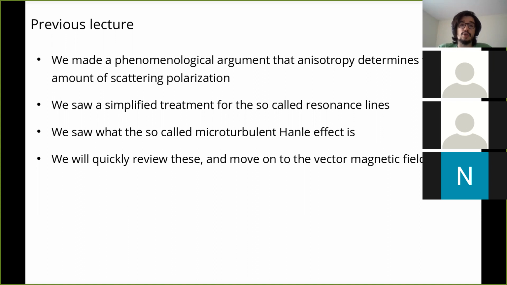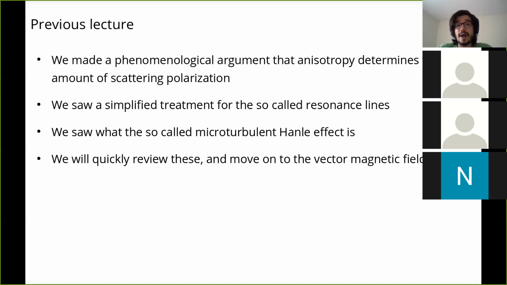And then I sort of extrapolated that more or less blindly to very simple spectral lines, which we usually call resonance lines. And that specific treatment was sort of exact for something called a pure Zeeman triplet, or actually any situation where the lower level is unsplit and unpolarized.